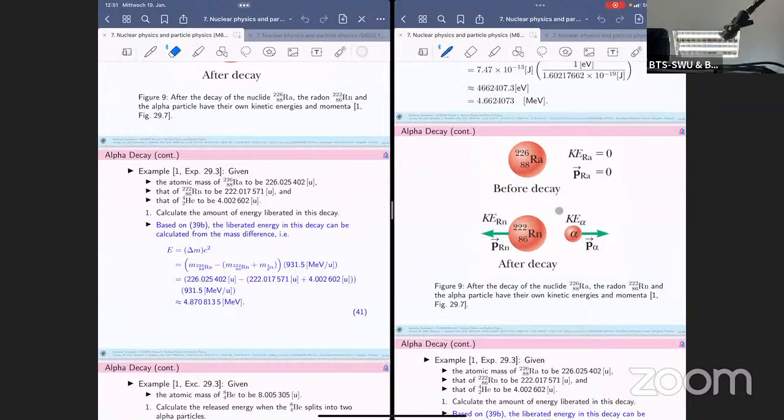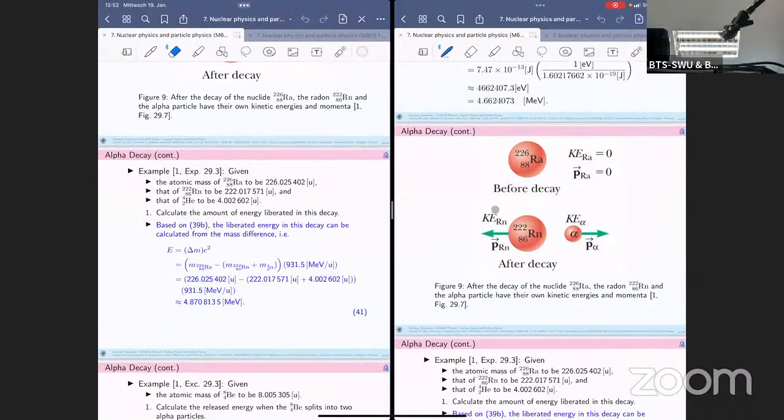So of course, let's check. This is of course 226 if you add them together, but it seems that this is 19 and this is 25. So the masses of these two particles are less than the mass of the parent nucleus, which is radium 226.